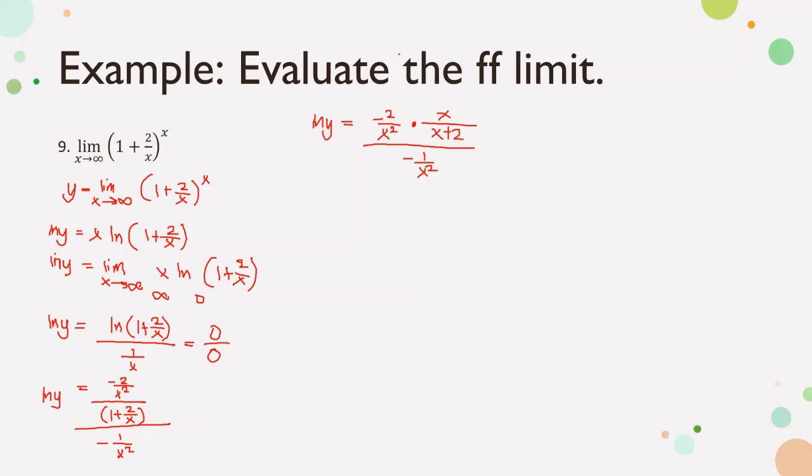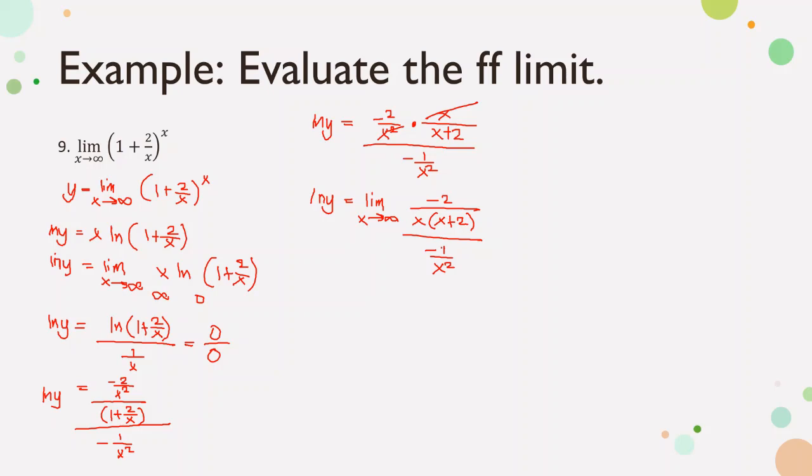Now let's try to take the limit later. Let's simplify this one first. Cancel one of the x's there. So we have ln y is equivalent to the limit as x approaches infinity of negative 2 over x times x plus 2, all over negative 1 over x squared.